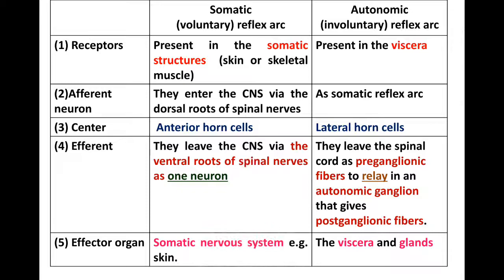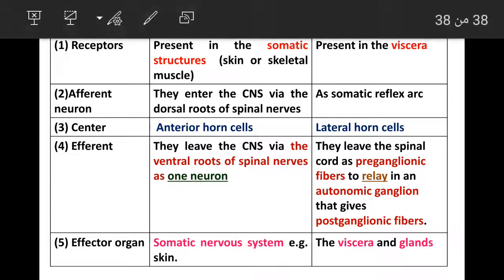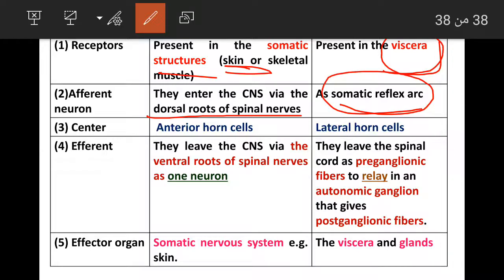So the differences between somatic and autonomic reflex arcs: first, the receptor of the somatic reflex arc is present in skin and skeletal muscle, while the autonomic receptor is present in the viscera. The afferent of the somatic reflex arc enters through the dorsal root of spinal nerves, and the autonomic reflex arc resembles it in its afferent.